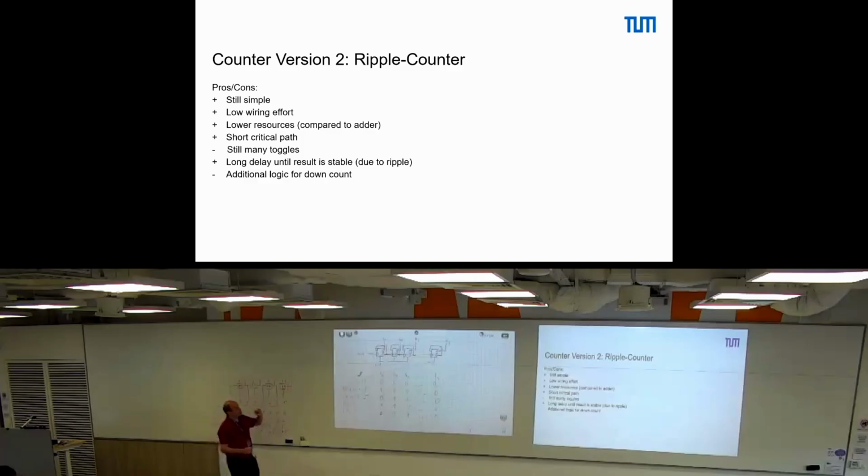Because in this structure, two different states can be there at the same time. So you are partially still in that state, partially already in that state.